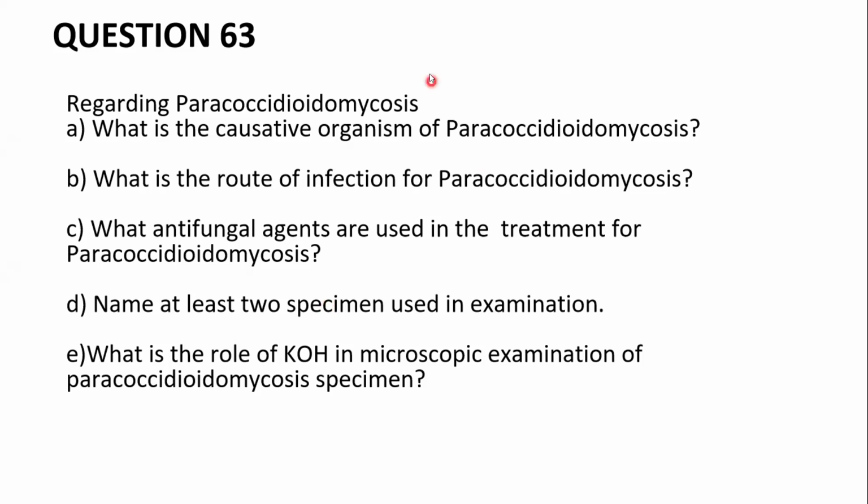Paracoccidioides brasiliensis, very good. Route of infection. Now, the last choice is a very general question because it can be any fungus. What is the role of potassium hydroxide in microscopic examination of Candida, Cryptococcus, Histoplasma, Paracoccidioides, all those, Aspergillus, all those?